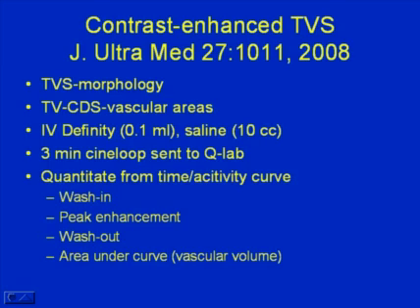The images were stored on an offline system using QLab, and the following parameters were quantitated: the wash-in time, the peak enhancement, the washout, and the area under the curve, which corresponds to the vascular volume.